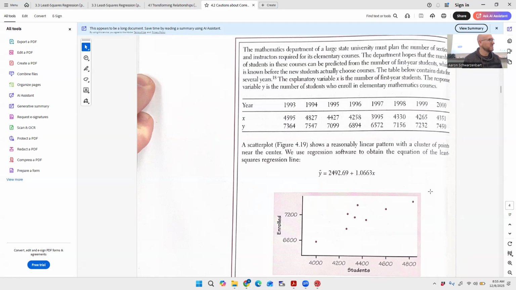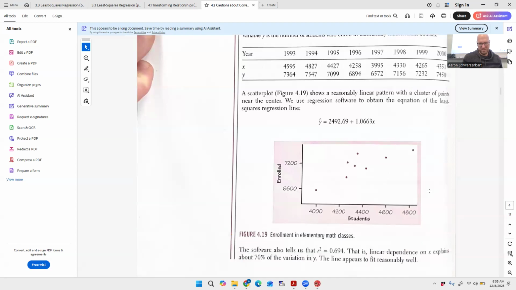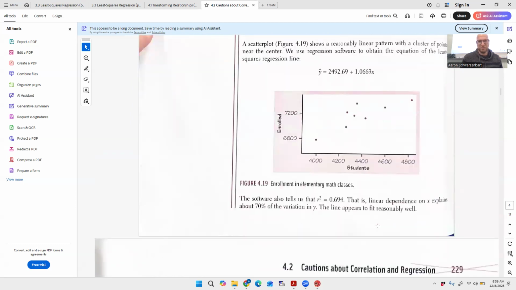That would make sense, doesn't it? The table below contains data for several years. The explanatory variable X is the number of first-year students. The response variable Y is the number of students who enroll in elementary math courses. Then we get this regression with an R squared of 0.694. Seems fine, right?